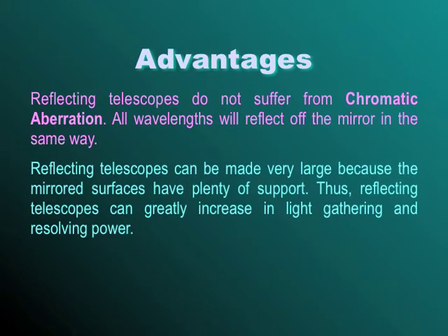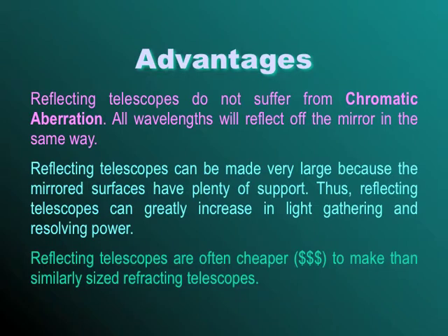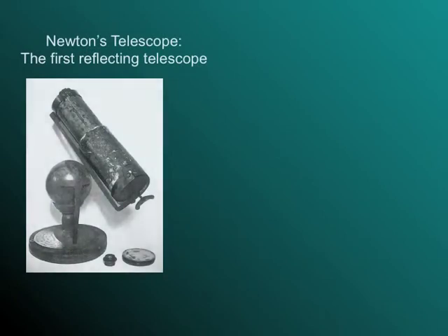They can also be made very large because we do not need to support a large piece of glass in such a telescope. And as such, they are often cheaper to make. This is what the first reflecting telescope looked like.